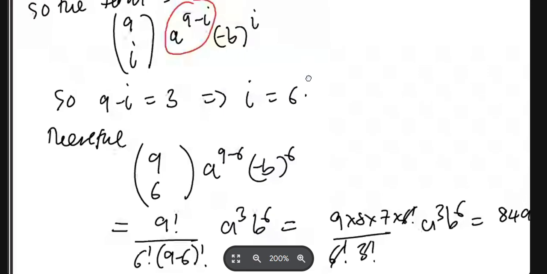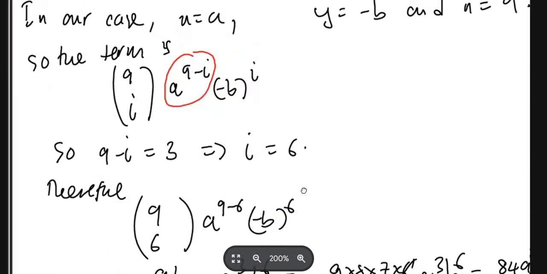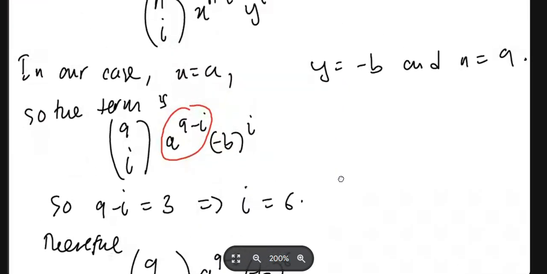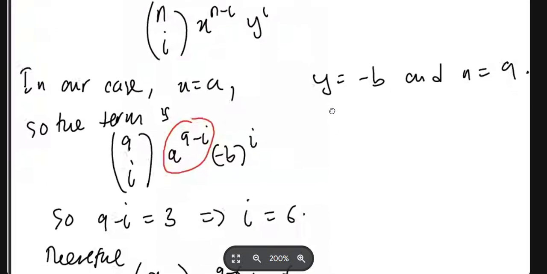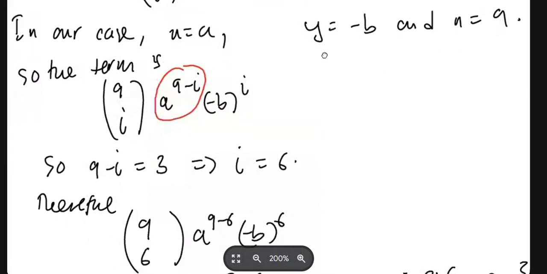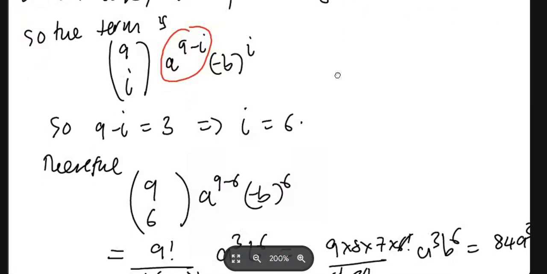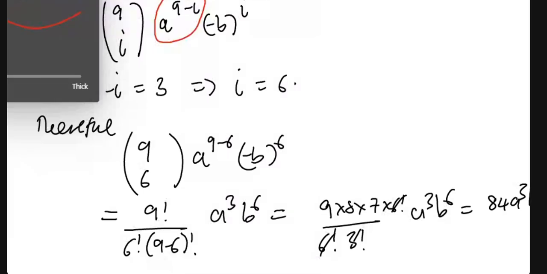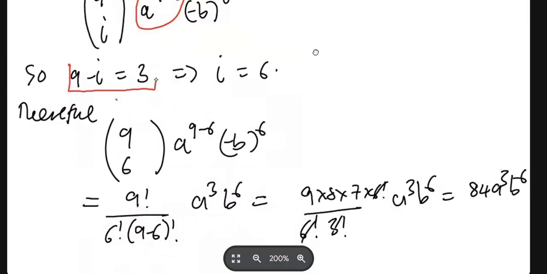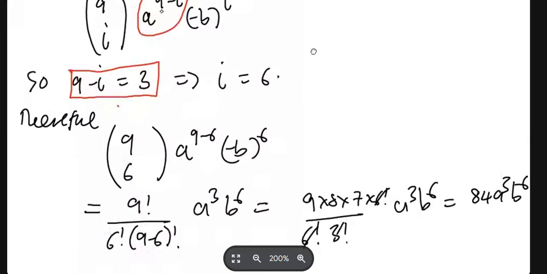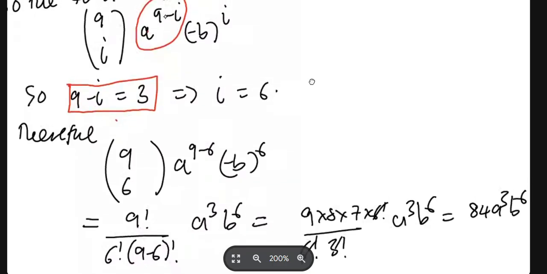Yes, Sir, Amon? I'm sorry, but I didn't get where the 6 came from. Yes. What is the value of i when 9 minus i is equal to 3? It's 9 minus i equal to 3 here. So we got it from here. We want this power of a to be 3. From the equation, the power of a must be 3.